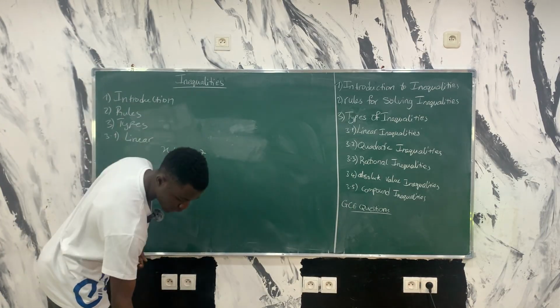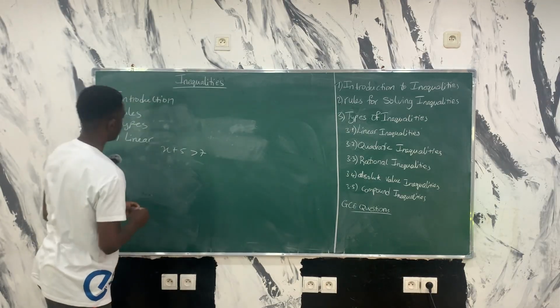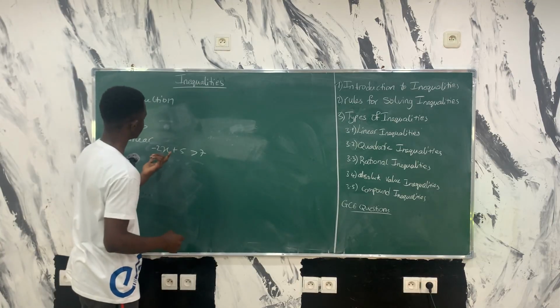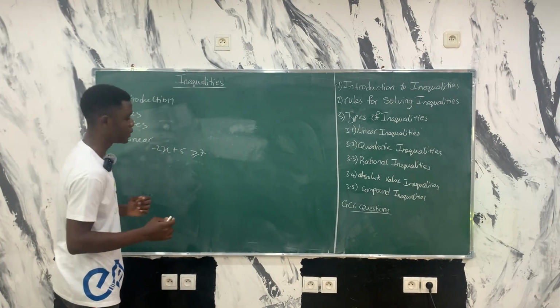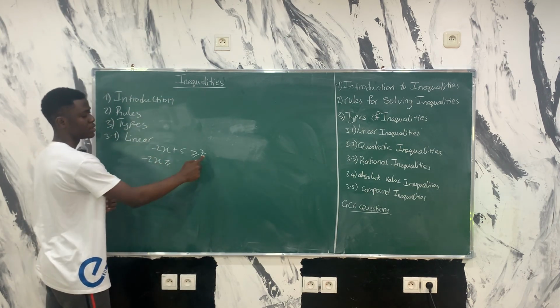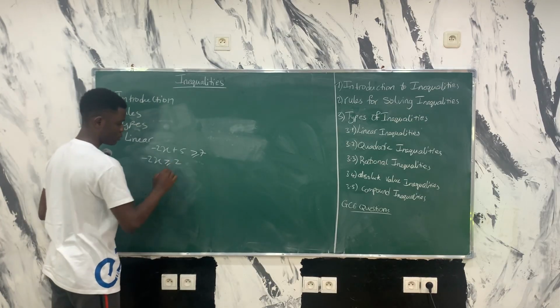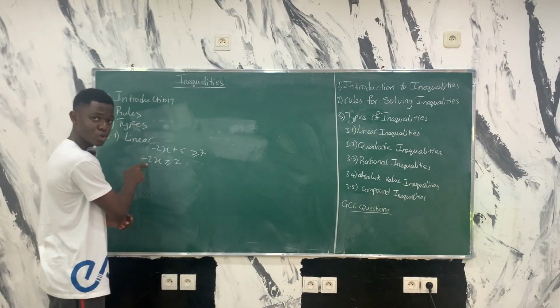Alright, so let's do one last example. In the case this was minus 2x plus 5 greater than or equal to 7. Let's change it a bit. We will have minus 2x is greater than or equal to 7 minus 5 is 2. Here, to have x alone, we have to divide all through by minus 2.